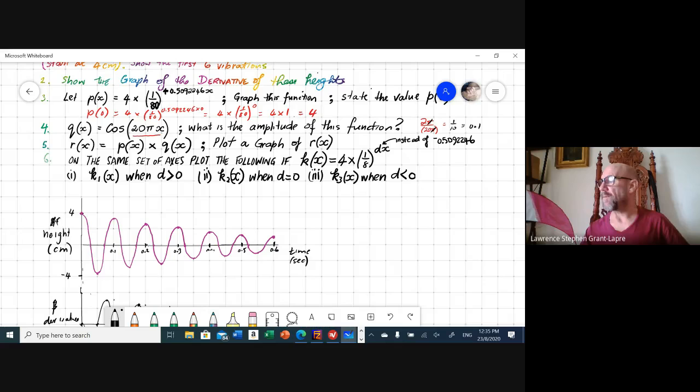Plot the graph of r of x. Now, r of x is equal to p of x, which was that function we just graphed, 0.5092246x, times by cos of 20 pi x.